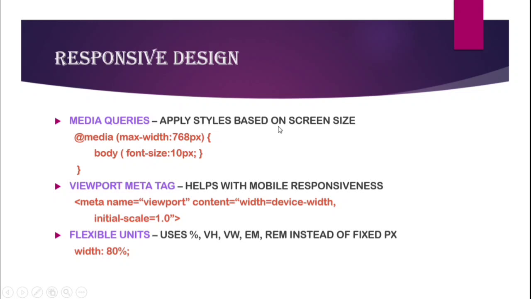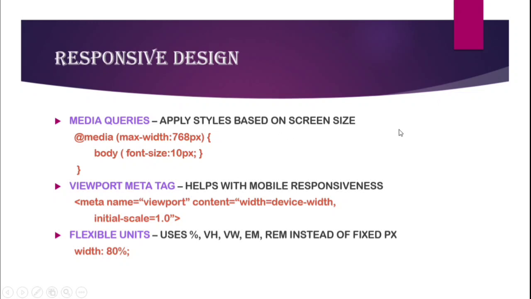Then we have flexible units, like using the percentage, viewport height, viewport width, and rem instead of pixel. Pixel is nothing but a fixed value. But if you use percentage, you can mention 80%. What is 80%? The entire screen size will be considered as 100%, and any item that we have added, like you can consider a card that I've created, I want that card to take a space of 80% of the entire width, then I can add width equal to 80%.